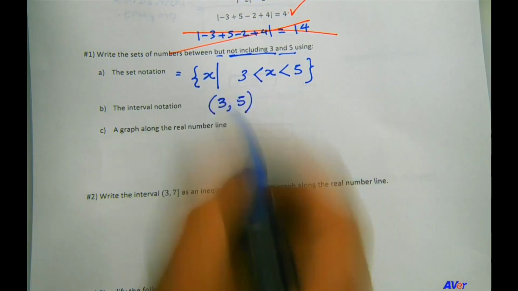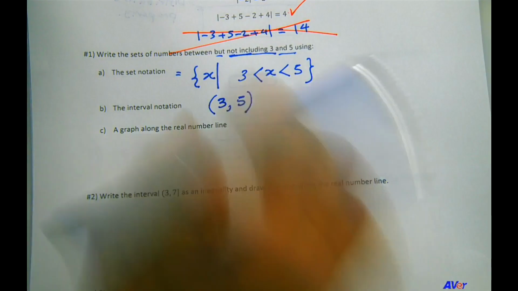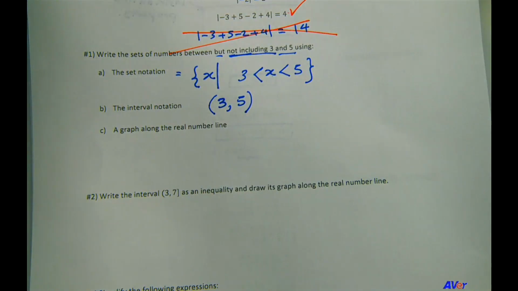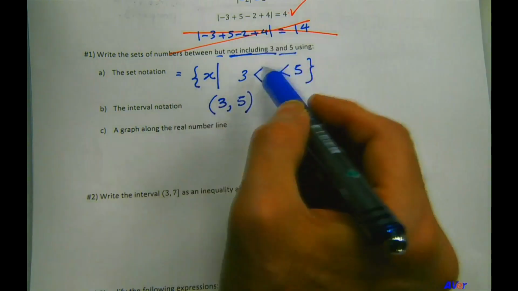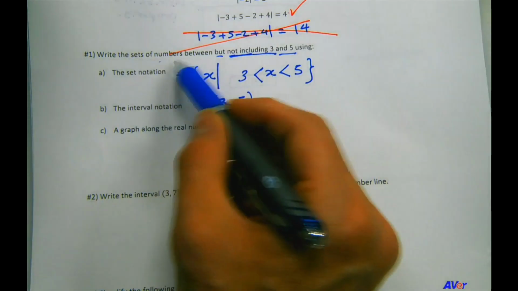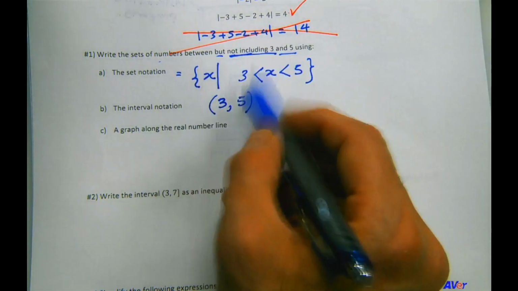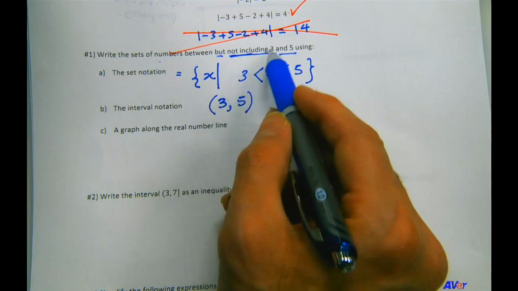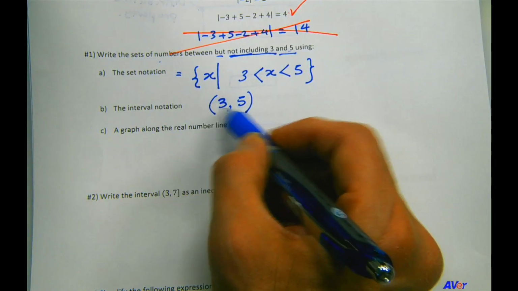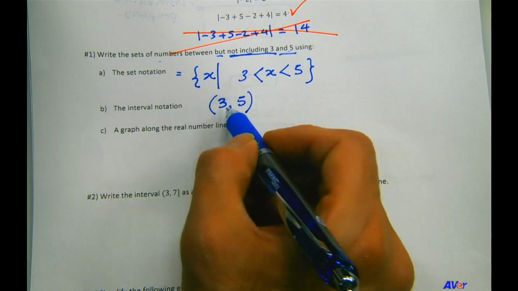I know you've seen this kind of symbolism as identifying the coordinates of a point within the xy plane, but that is a different topic. In here, when you're giving the set of numbers using the interval notation, not including two numbers, that's how you would give that notation. So this is an interval notation.